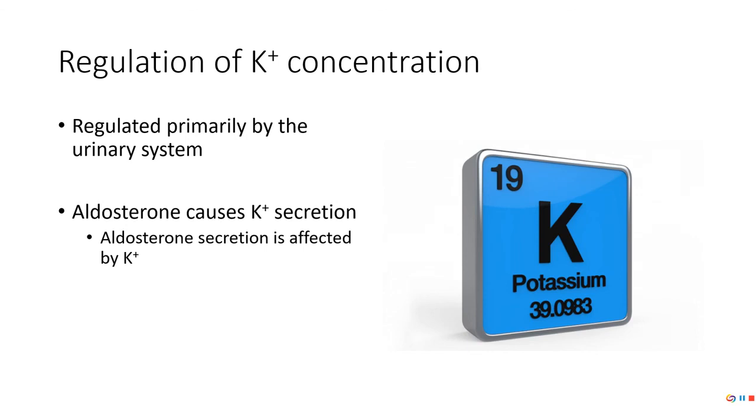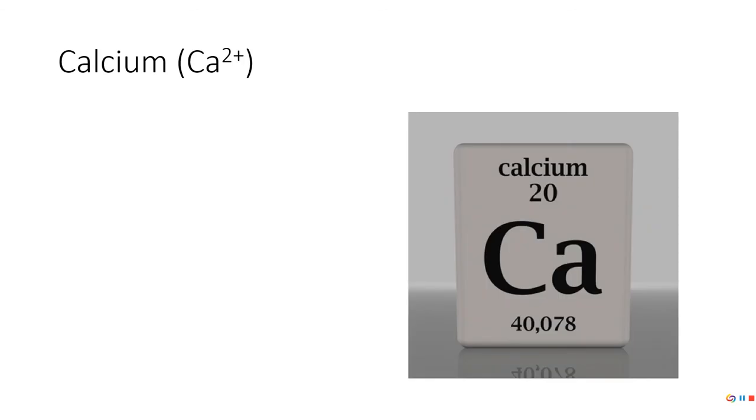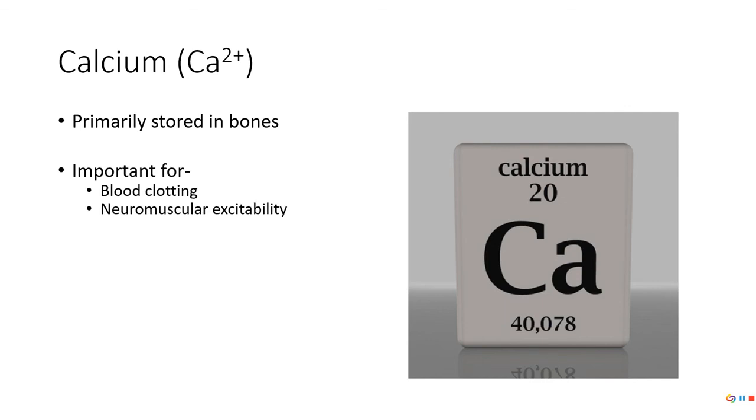Now with calcium, we know that calcium is found in the bones. That's where most of it is. It's important for blood clotting as well as neuromuscular excitability. Remember, we need calcium to go inside the cells, so exocytosis occurs and so on and so forth. And when it comes to muscle, more calcium, more cross bridges, more force.